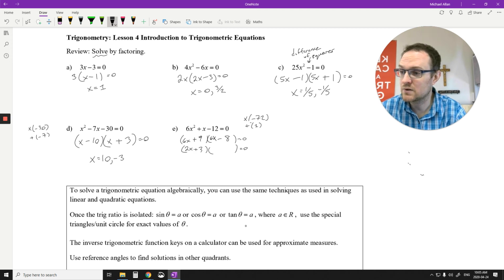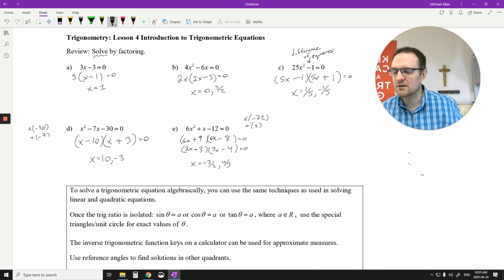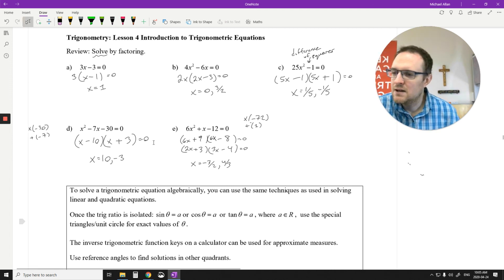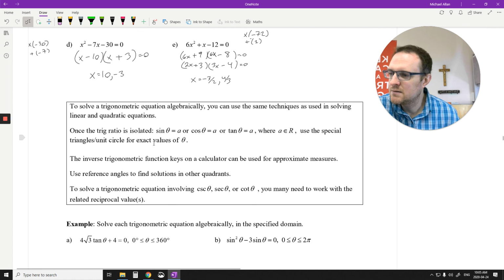So 2x plus 3. And I can divide these both by 2. So 3x minus 4. There we go. So x would be negative 3 over 2 and 4 over 3. But you could factor that however you want. But just remember, try to be quick about factoring. Yeah, be quick.